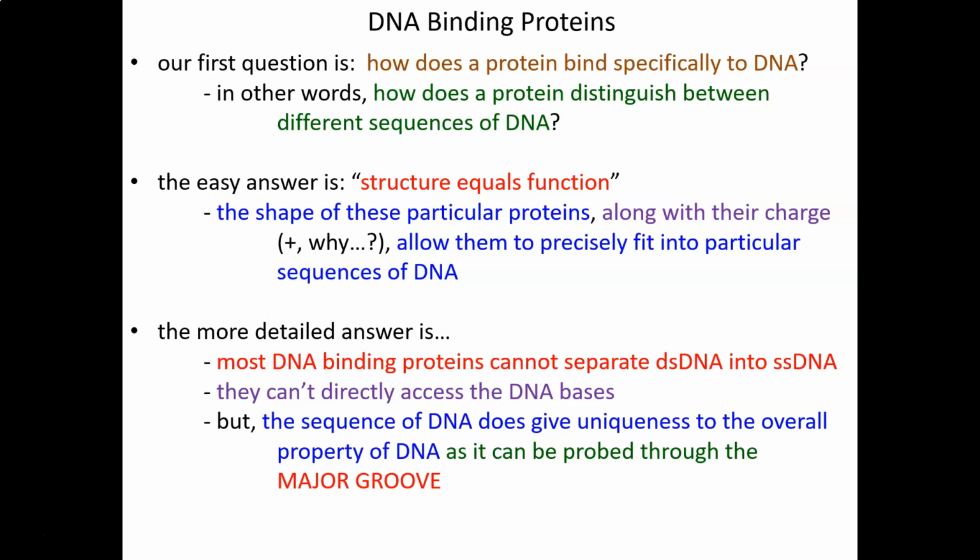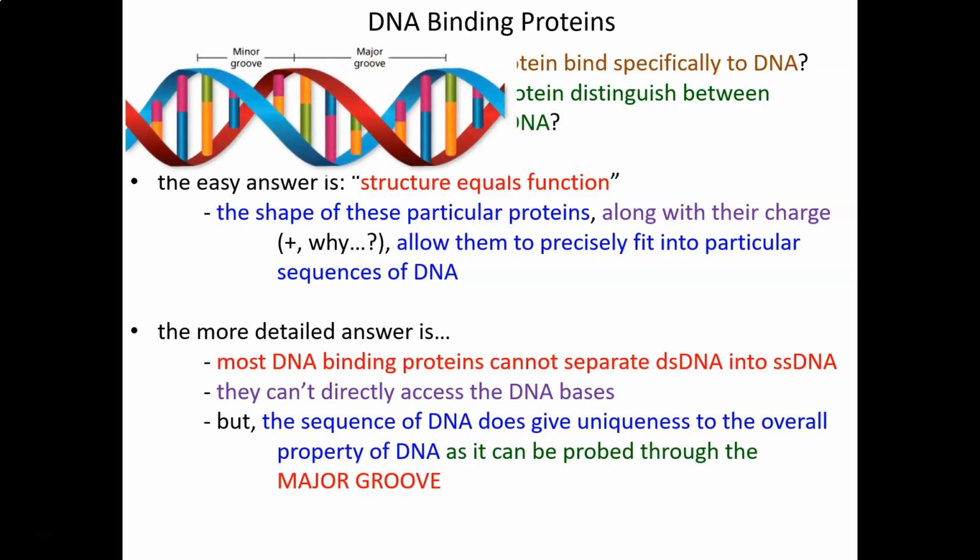Each particular sequence of DNA gives a uniqueness to the overall property of the DNA in that region, and that chemical property, or set of chemical properties, can be probed and accessed by DNA binding proteins through the major groove of DNA. The major groove of DNA is the larger, more accessible break or separation in the backbone of the spiraling staircase of the DNA helix.